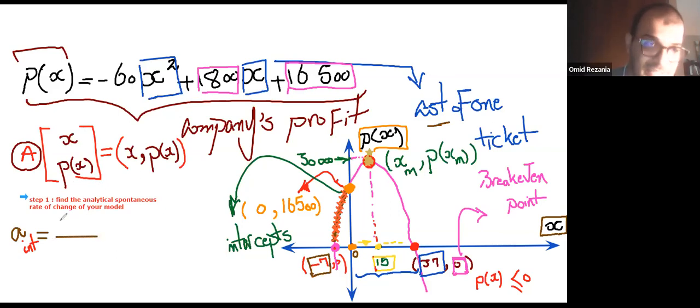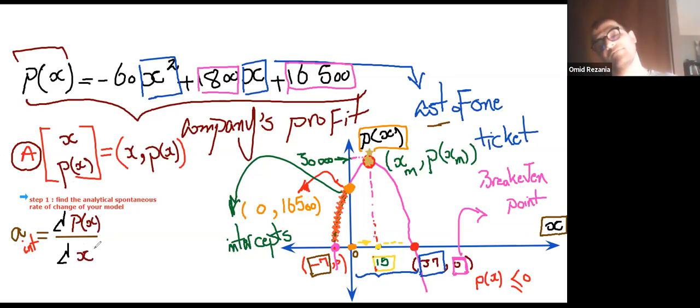We say that it's going to be the d of P of x with respect to x. Correct? Guys, remember this? We talked about that yesterday.